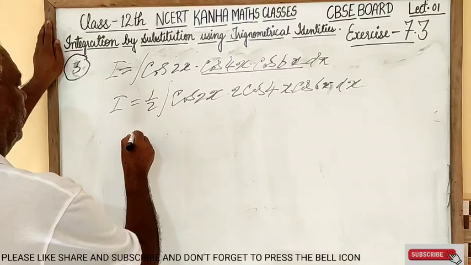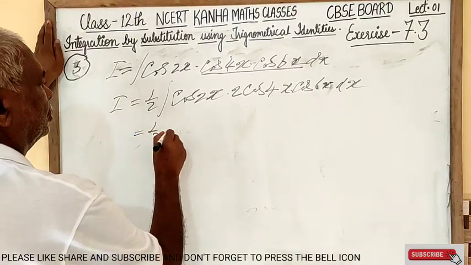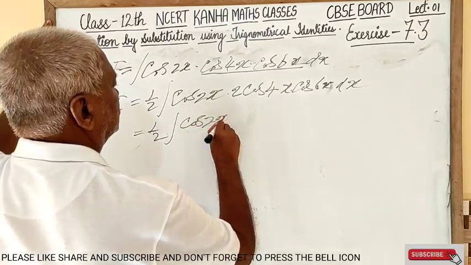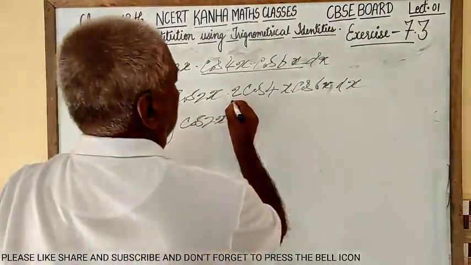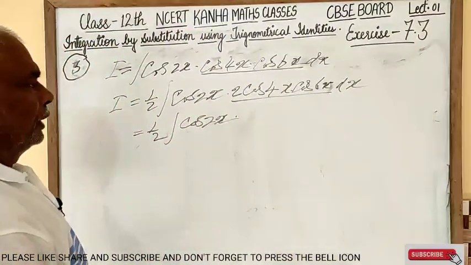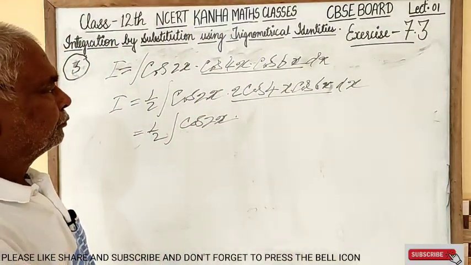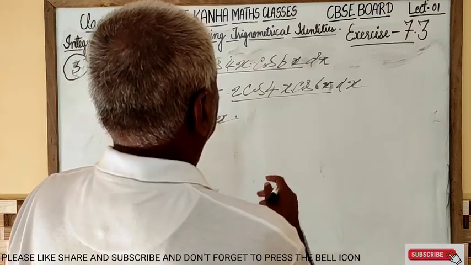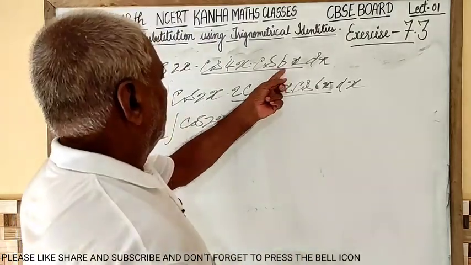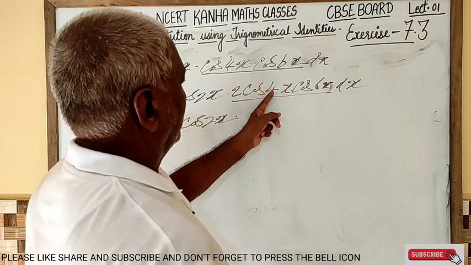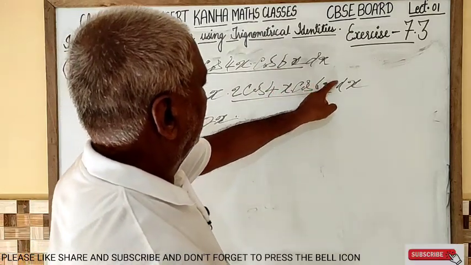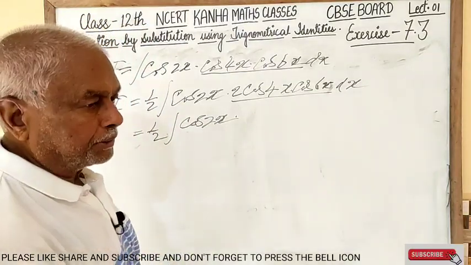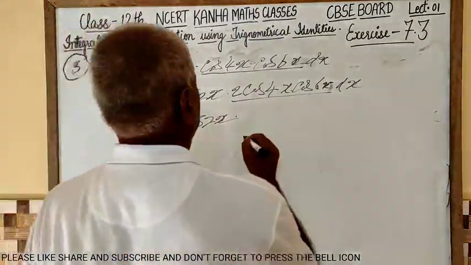So 1 by 2 cos 2x. Here we use the trigonometrical identity 2 cos a cos b. Instead of a we have written 4x, and instead of b we have written 6x. 2 cos a cos b means cos(a plus b) plus cos(a minus b).